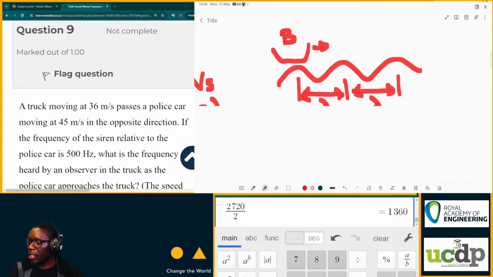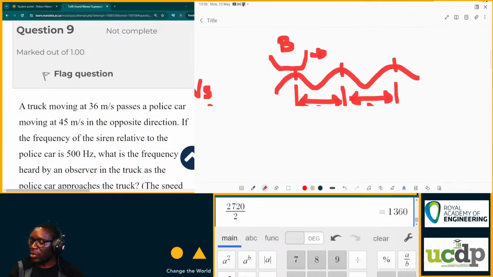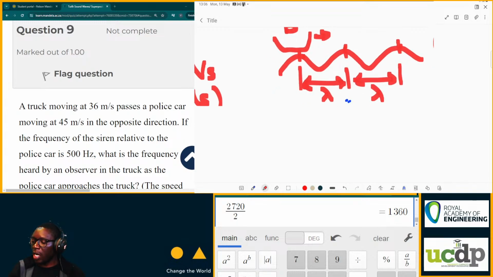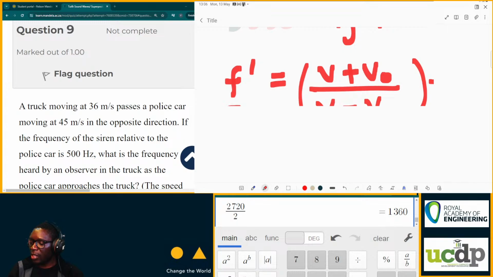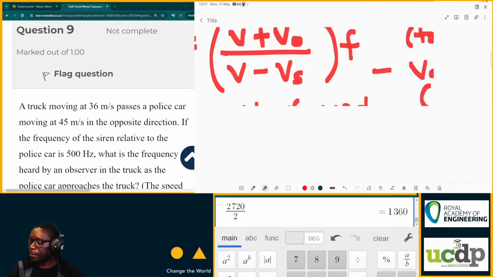This is basically the interaction between the boat and the successive crests. If the boat is moving towards the source, which is the vibrator at that point, then there is an increase in frequency because we are reducing the period by which we experience those crests. The opposite will happen when the boat is moving away from this source. This is basically how we are going to use this master equation for our Doppler effect.